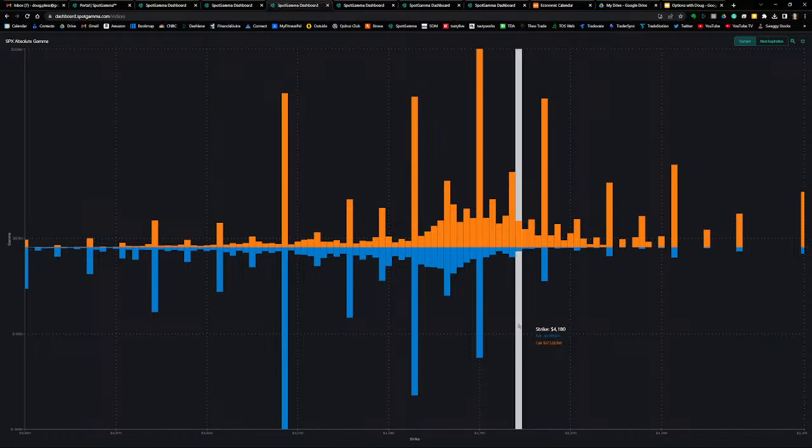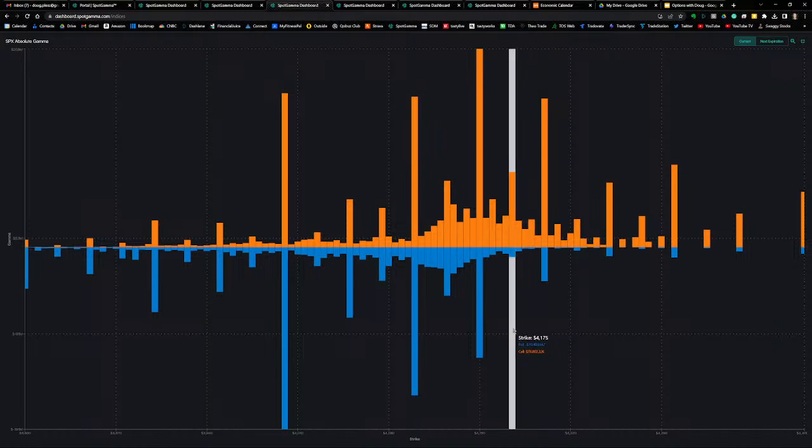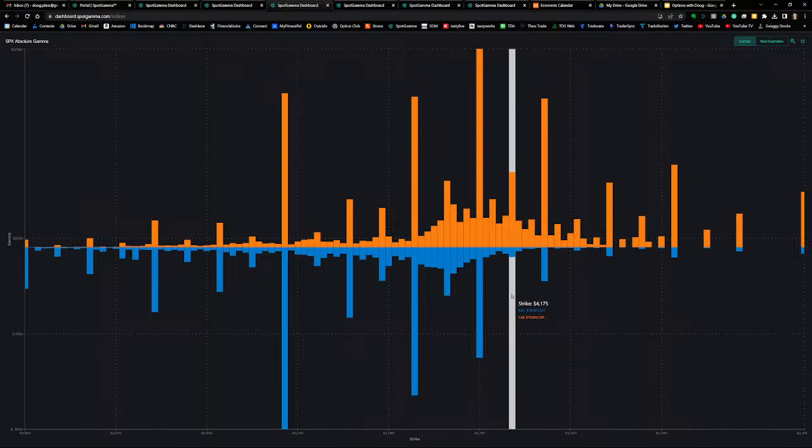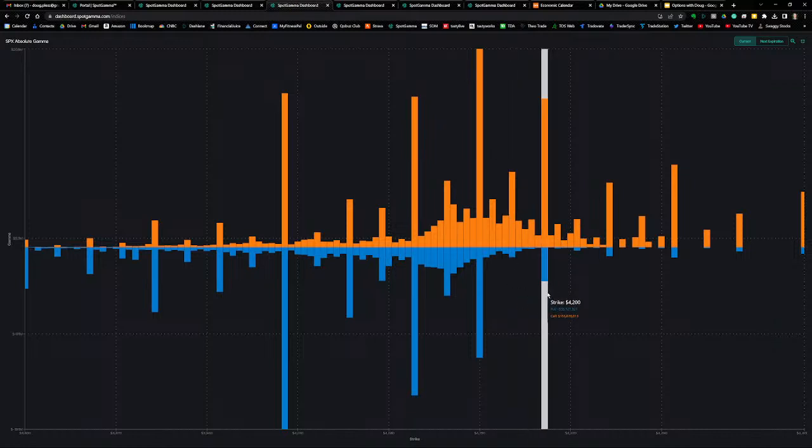So anyway, here's the SPX, the absolute gamma levels, and this is showing positive gamma or call gamma above in the orange lines. This is market maker's position, and negative gamma or put gamma with the blue bars. All right, so here is the 4,000 level.